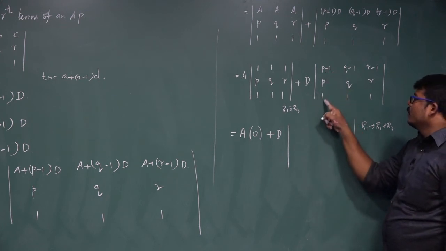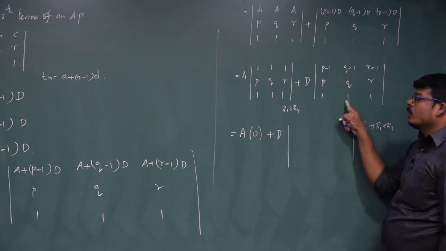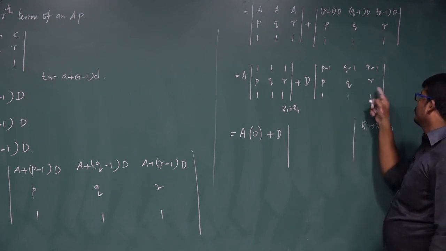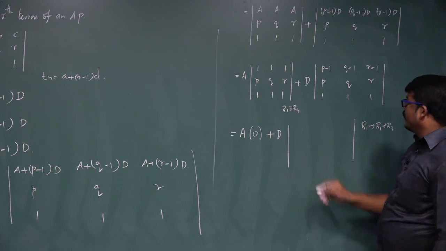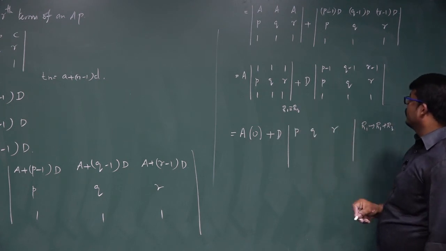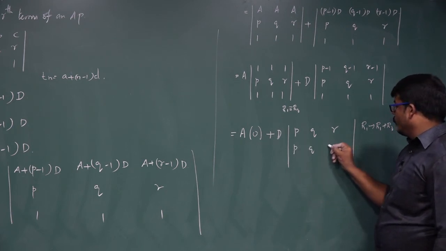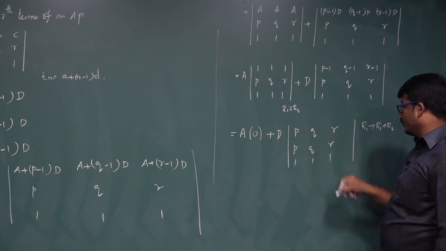P minus 1 plus 1, Q minus 1 plus 1, R minus 1 plus 1, the minus 1 and plus 1 cancel, getting P, Q, R. And the second row P, Q, R, and the third row 1, 1, 1.